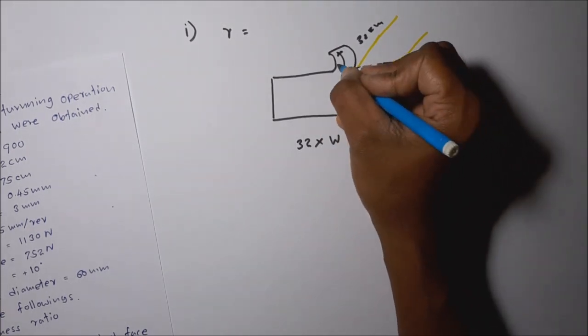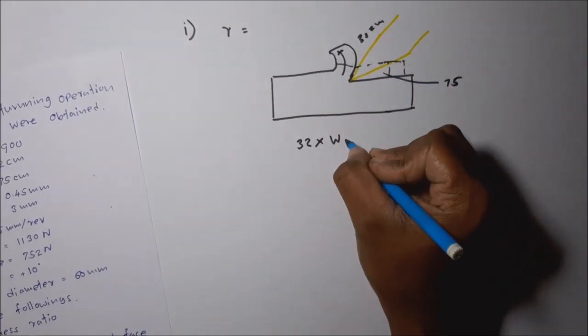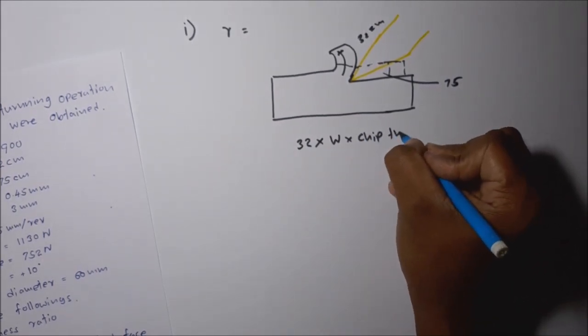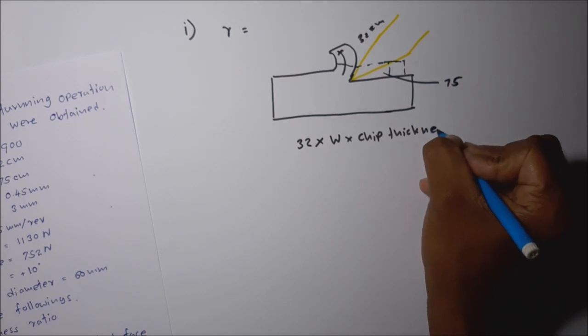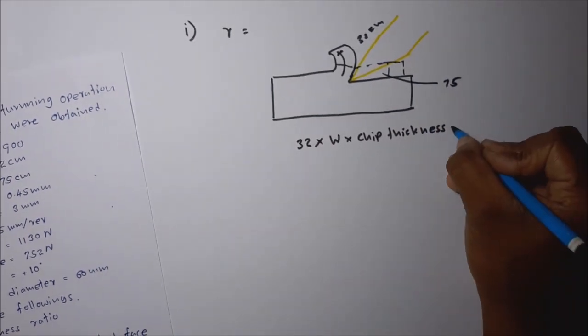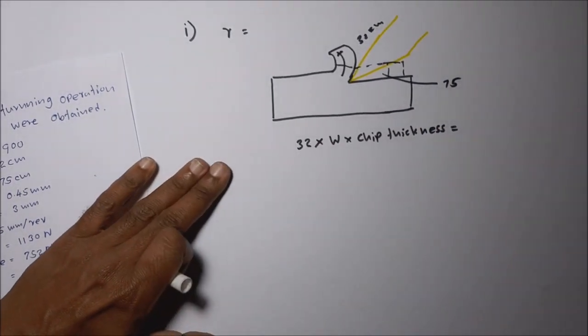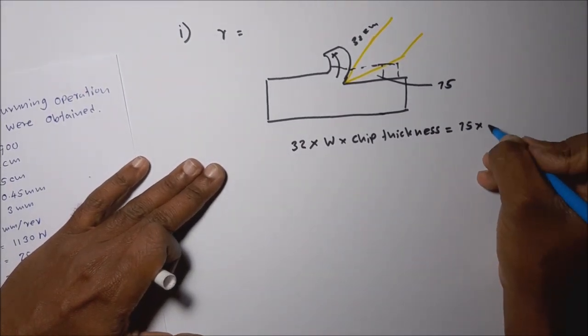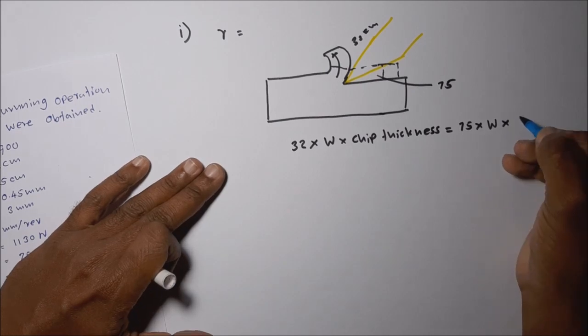Let's take W, and the chip thickness. The chip thickness is equal to the 75 into W into depth of cut.